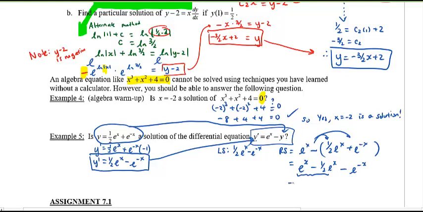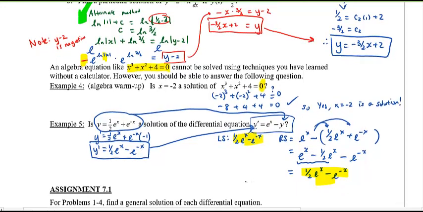These first two terms simplify to 1/2 e to the x minus e to the negative x. And lo and behold, they are the same. So yes, the left side does equal the right side. So yes, y equals 1/2 e to the x plus e to the negative x is a solution to that differential equation.